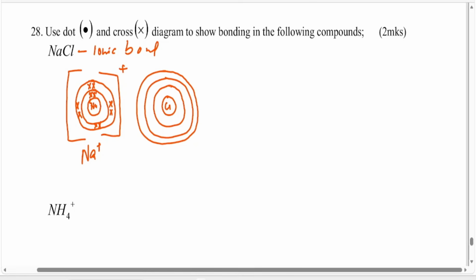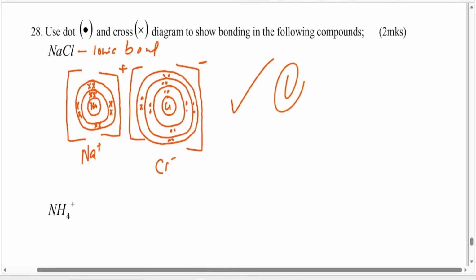We are going to use dots: 2, 8, then 7 dots, and then the one cross that has been lost from sodium. Then we enclose with square brackets, and we put a negative sign to show that chlorine gained only 1 electron. This was to give you only 1 mark.